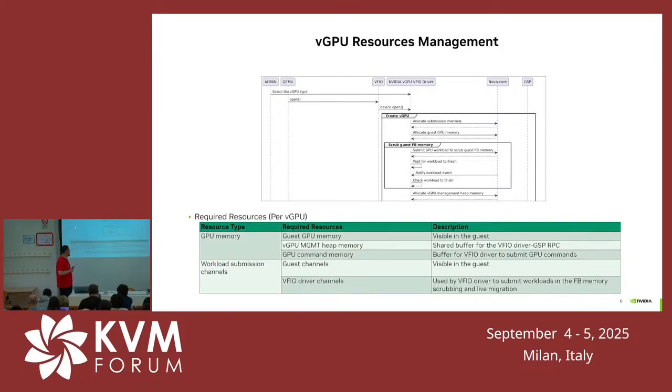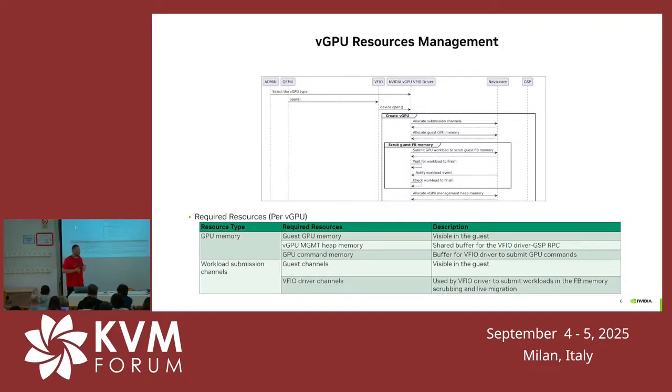Because we need some kind of buffer to issue the GPU workload to scrub the frame buffer memory, which you can see here. This is to avoid information leakage between different vGPUs. You create a vGPU and use this part of the memory, but when you create the next vGPU, you allocate the same memory, and you need to wipe everything inside.